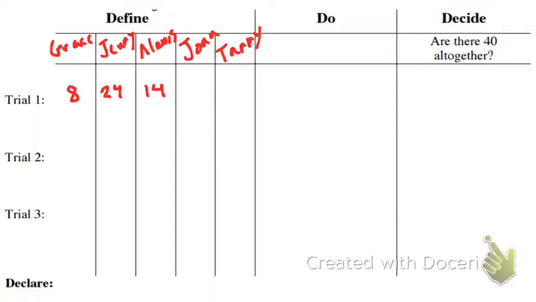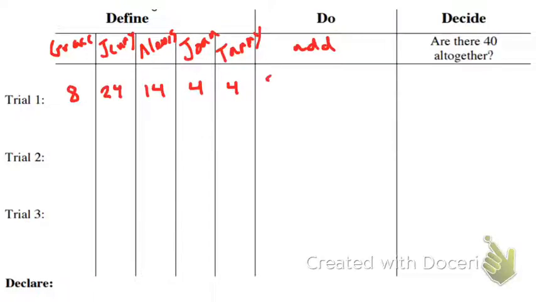Joan did 4 less than Grace, so she did 4. And Tammy did the same number as Joan. So once again, all I really did is go through all of that information that we made sure to write out at the beginning. So what am I going to do? I'm going to add all of these up.